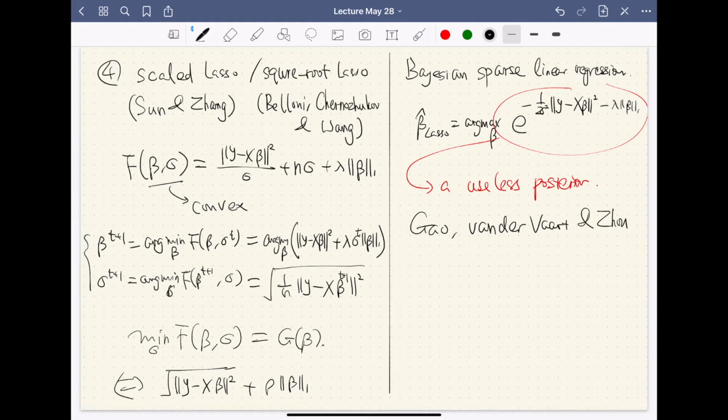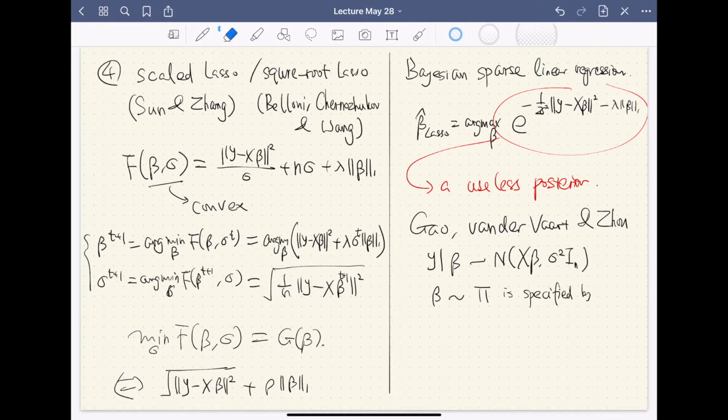So here's our prior distribution. The likelihood is the Gaussian linear model. The prior distribution, let's call it pi, is specified by the following sampling process.